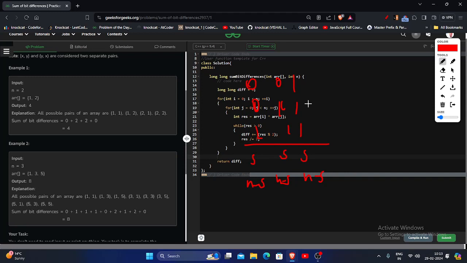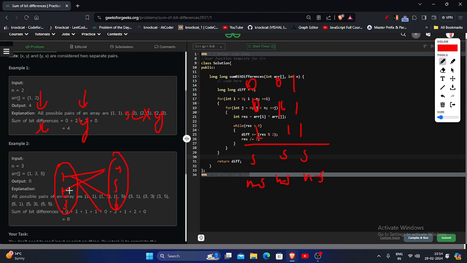Now, let's recall the Cartesian product. What would be the Cartesian product? If we have x entities on one side and y entities on the other, the number of pairs we can form using these entities is x cross y. Like if you have 1, 2, 3 here and 4, 5, 6 here, this 1 can pair up with these 3.